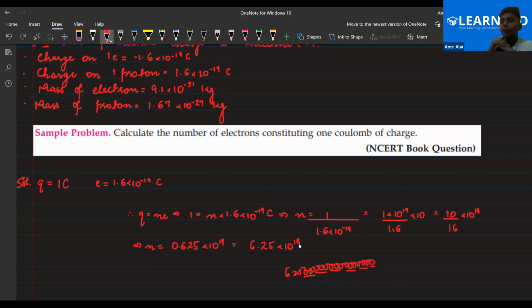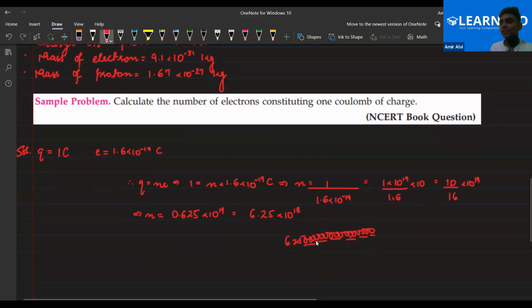This is the number of electrons present in 1 coulomb of charge. Is it countable? See, coulomb is a very big unit. As you can see, it is not countable by itself. It is in millions in a single coulomb of charge. Clear, everyone?